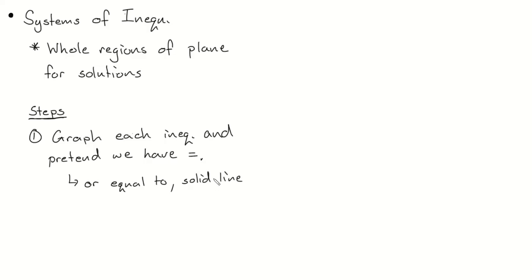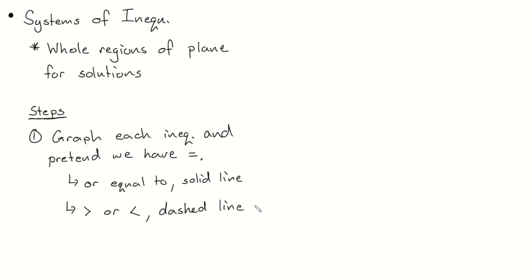If we had a hole in our piecewise graph, that was when there was just greater than or less than. So for greater than or less than, instead of a solid line, we will use a dashed line.